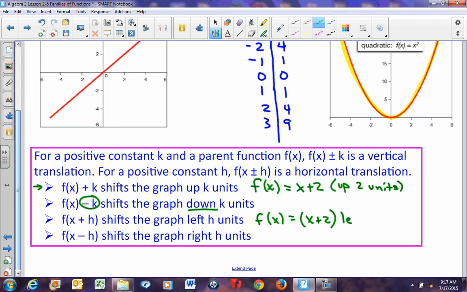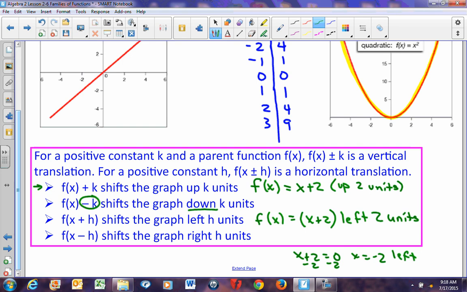And it seems opposite of what you would think it would be, but since everything is in the parentheses, if I was going to solve x plus 2, if I have x plus 2 equals 0, if I'm going to solve this, I would subtract 2. So therefore, x equals -2, which is why it would go left 2 units. Okay, so it's opposite of what your brain thinks it should do, but it actually is correct. And of course, if it's x minus h, it's going to shift to the right 2 units.